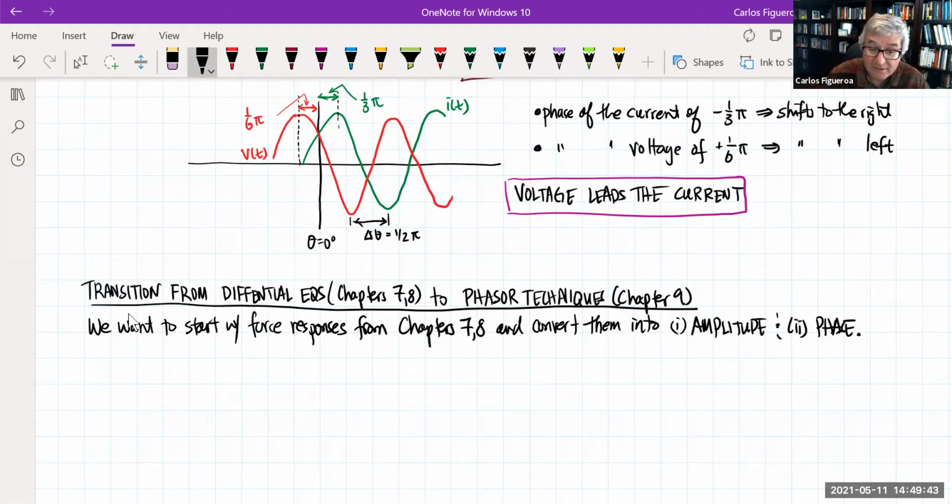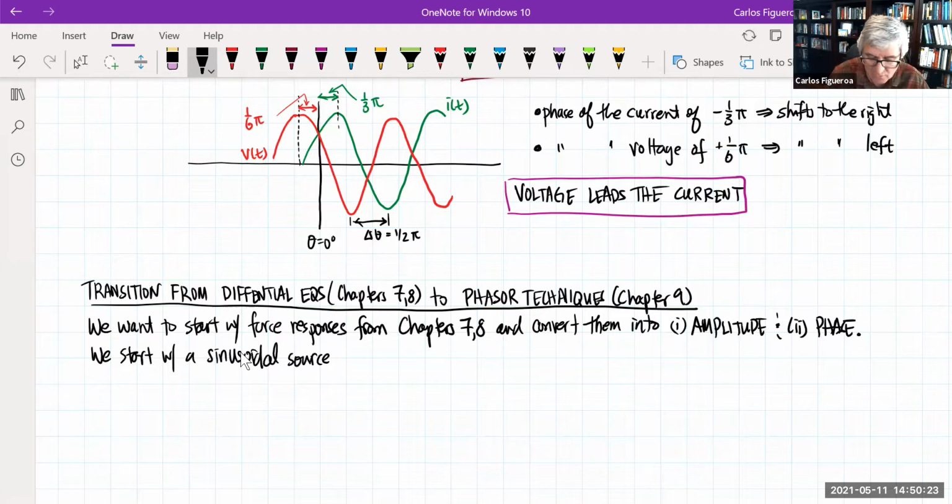So what you're going to find here is that I'm going to have to rewrite my solutions. So here's what we're going to see. We start with a sinusoidal source.